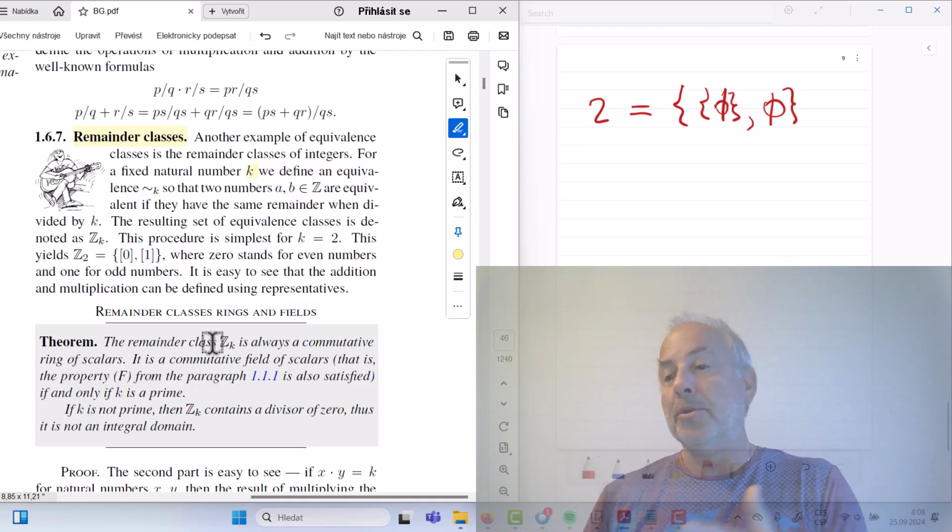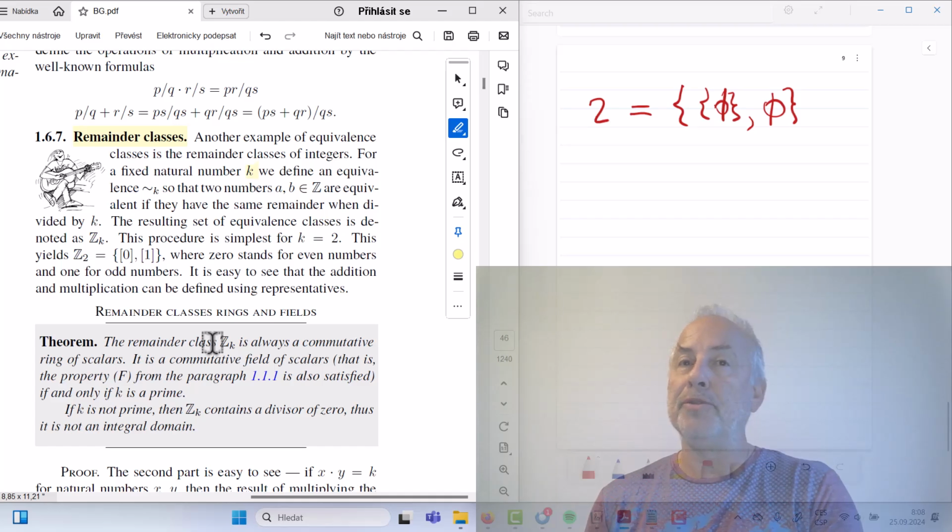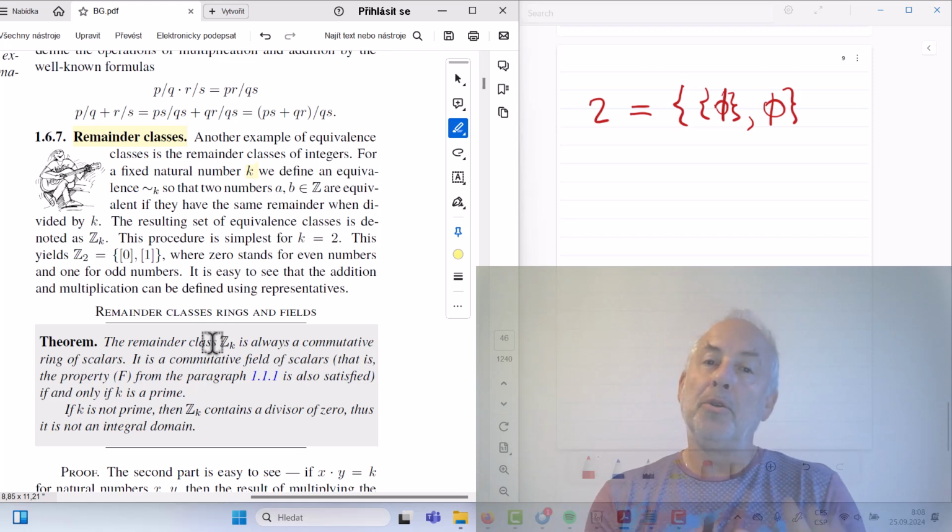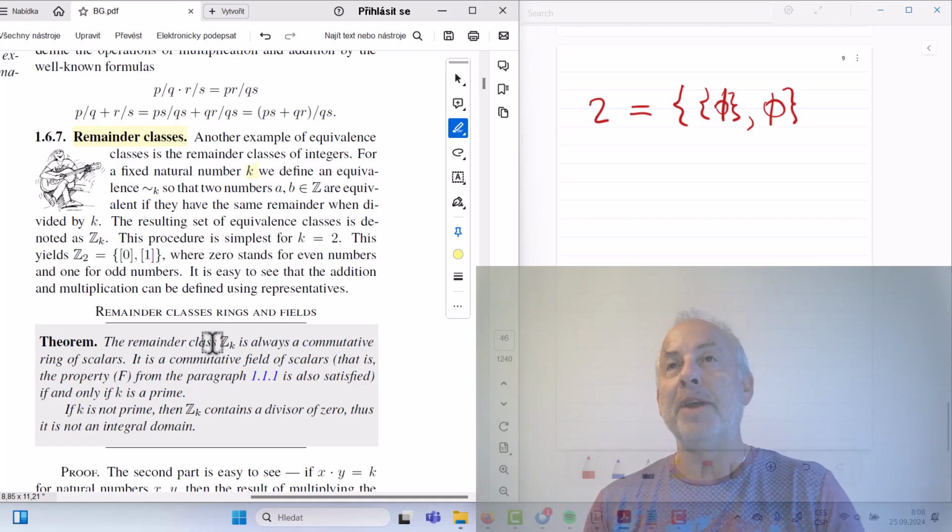And now you can work easily by picking up the representatives, because all the arithmetics work in a commutative way. It doesn't matter whether you first look for remainders and then do the operations with the remainders and again look at the remainders, or if you do all the computations in integers and only then check what's the remainder and which class it belongs to, right?